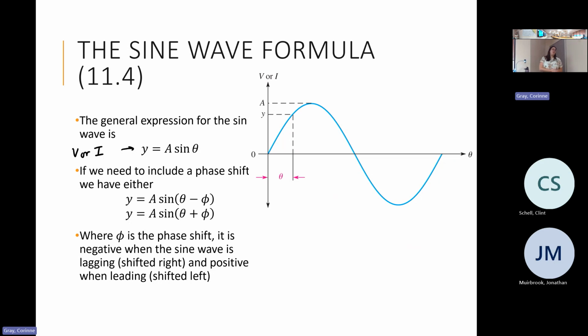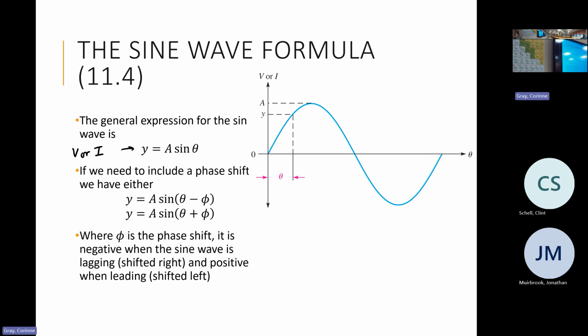If we need to include a phase shift, we have two versions. The y value is really the instantaneous voltage or current value. It's equal to the amplitude, our peak current or voltage value, times sine theta, which is where we are in terms of our source, minus plus phi.